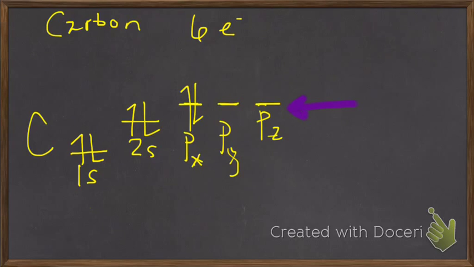First, please note that the 2p orbitals are slightly higher in energy than the 2s orbital. Secondly, the 3 orbitals that are 2p's, like 2px, 2py, and 2pz, are degenerate. Remember, that means they're equal in energy.